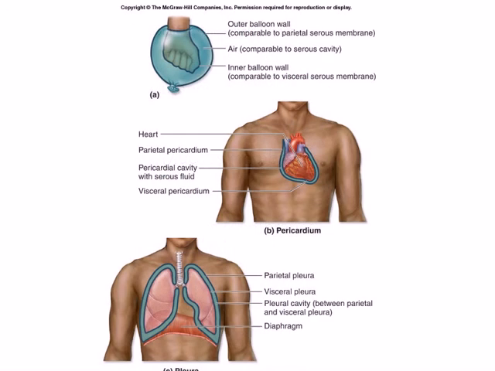Serous membranes line closed body cavities like the thoracic and abdominal pelvic cavities. Serous membranes line the body cavity and then fold on itself and line the exterior surface of all organs within the cavity.